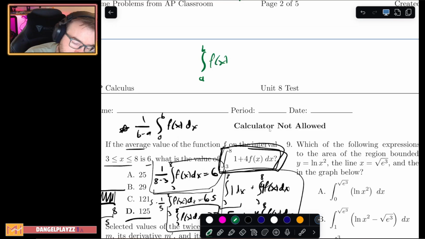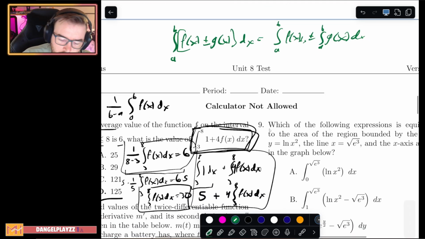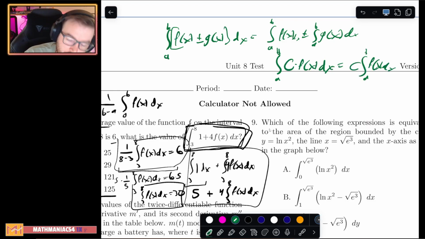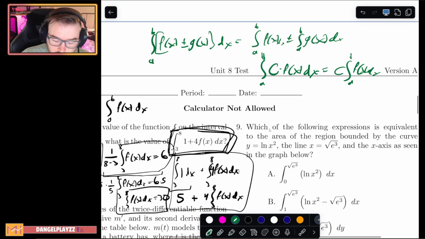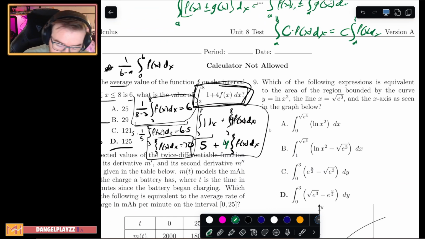If you're adding or subtracting things within an integral, you can break it up. We've done that a lot though, right? And if some constant is multiplying, you can always factor it out. I'm sure there are other properties of integrals, but those are the big ones we use all the time. And so I factored out the 4.